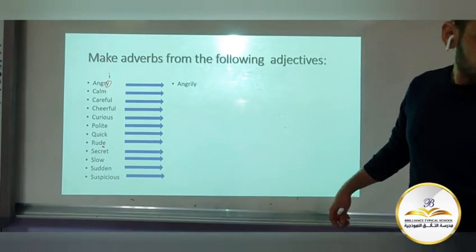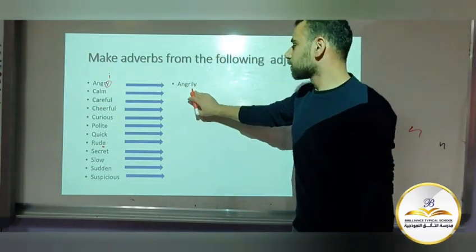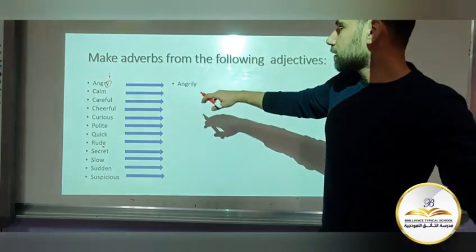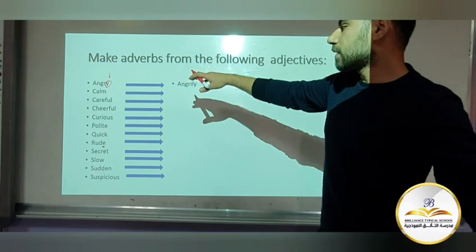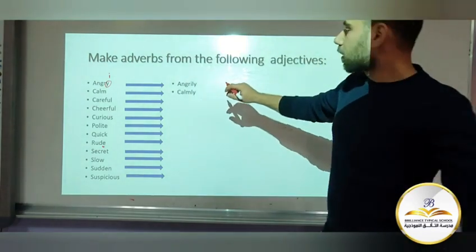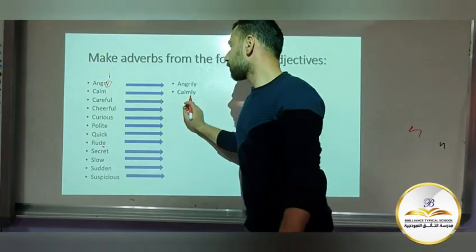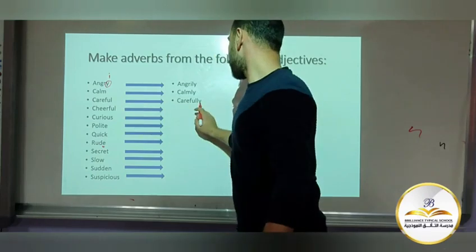Let's take a look at the derivations from these adjectives. So the first one we have angry, it becomes angrily. Just omit the Y, put an I instead, and we add an LY. Calm, it becomes calmly. Cheerful, we have to add just an LY.